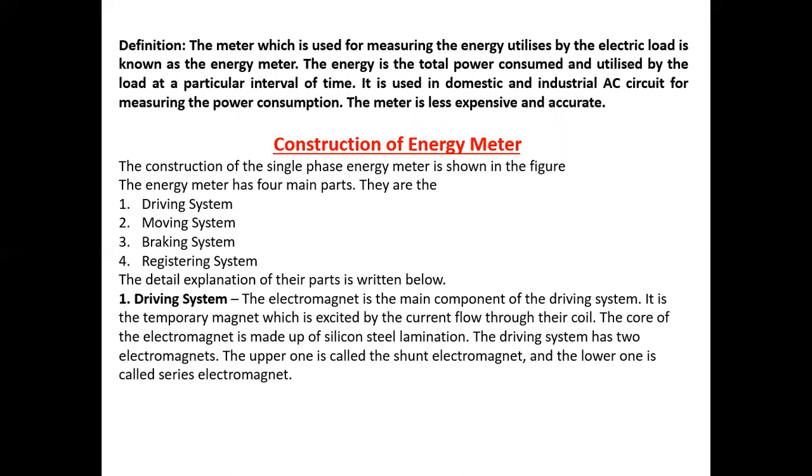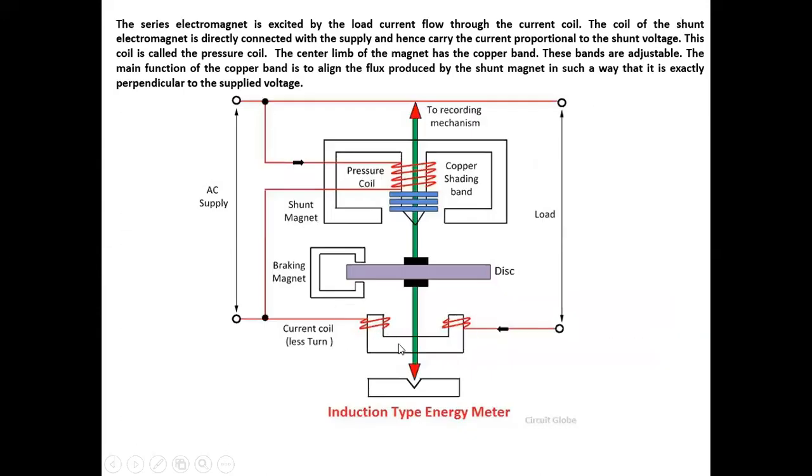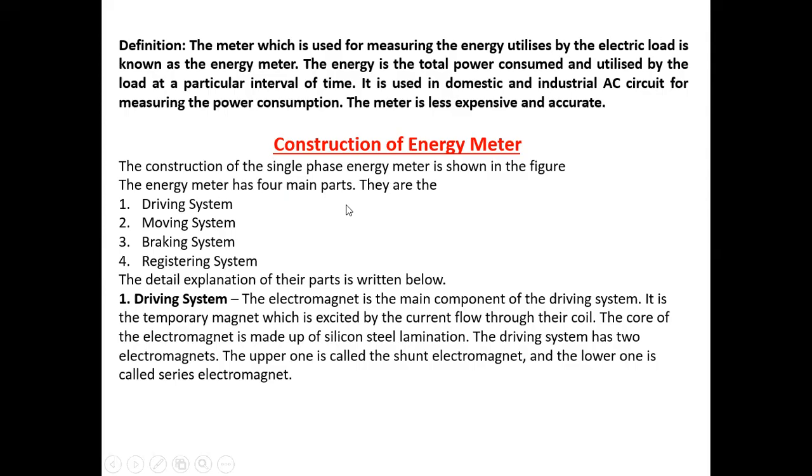The driving system has two electromagnets, upper and lower. These are also called the shunt electromagnet and the series electromagnet. The upper one is called the shunt electromagnet and the lower one is called the series electromagnet.